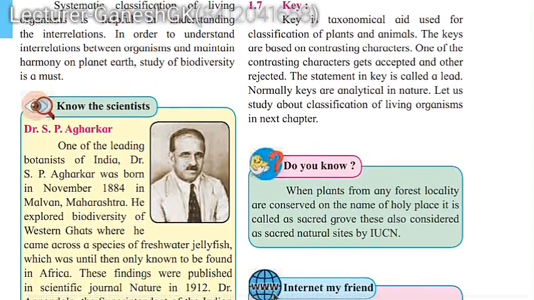The key is the taxonomical aid used for the classification of plants and animals. Keys are based on contrasting characters. One of the contrasting characters gets accepted and the other is rejected. This statement in a key is called the lead. Normally keys are analytical in nature.